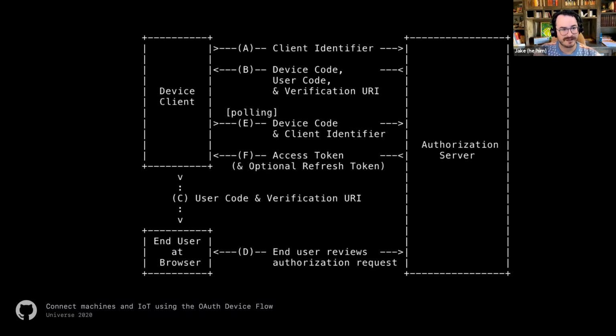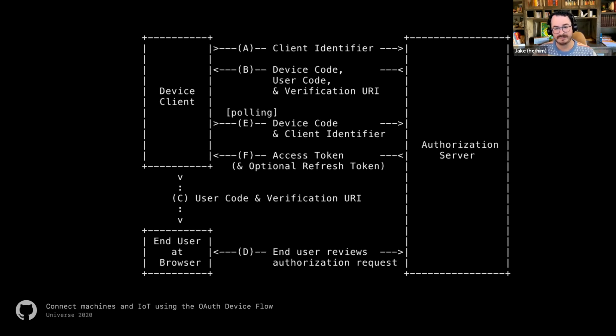I'm not super great with these diagrams, but we saw in the demo that it starts with steps A and B, the device reaching out to the authorization server, in this case GitHub, saying, hey, let's get a device code and a user code.